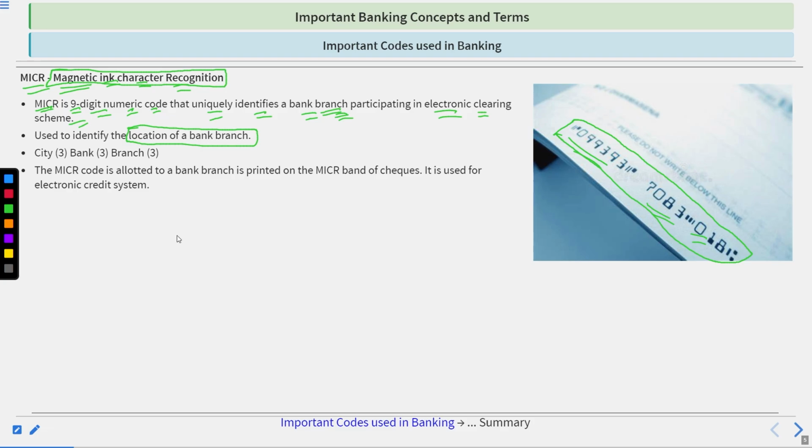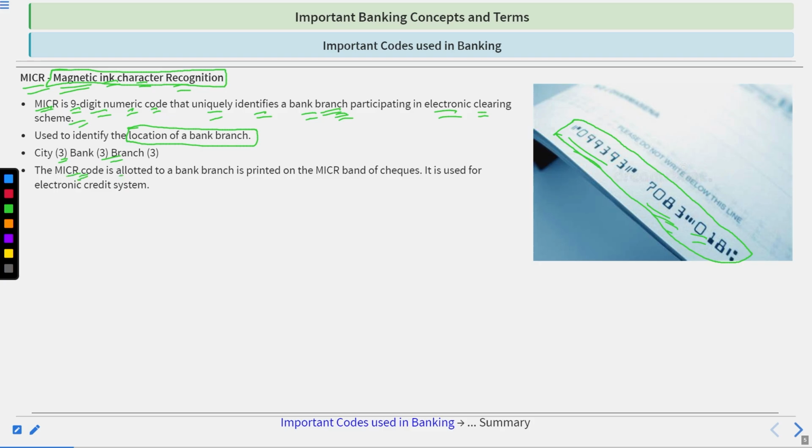From which branch the fund is to be deducted or debited, and to which branch the fund is to be sent or credited, could be identified through the MICR. Like Citibank branch 3, so it is usually used there.